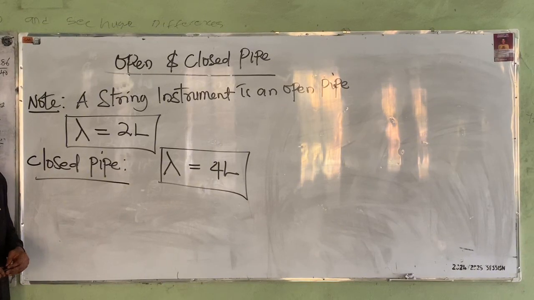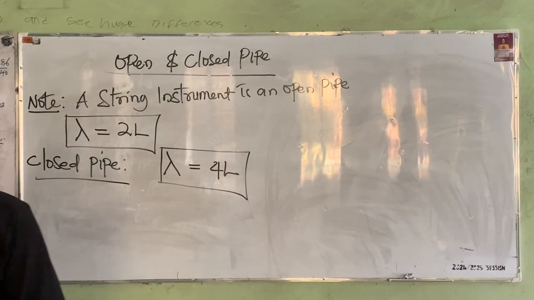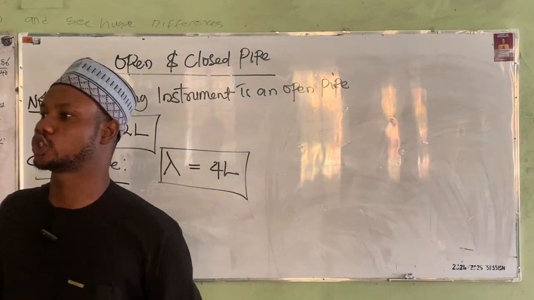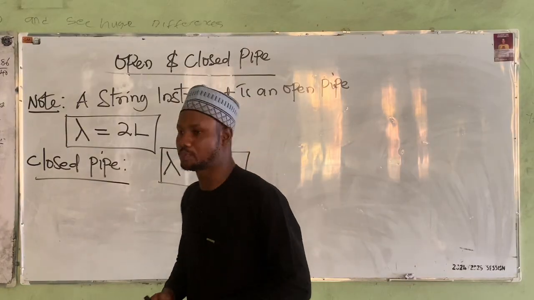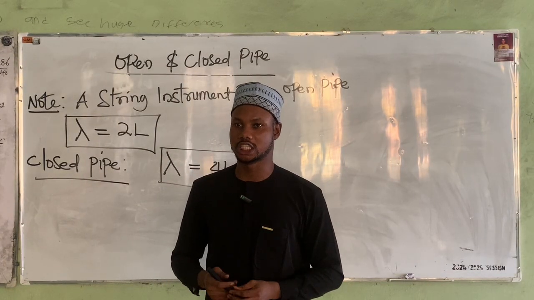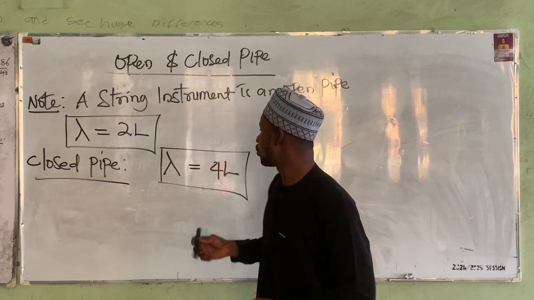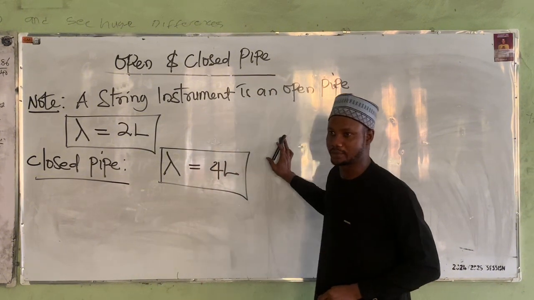But before we solve some questions here, class, let's take a note. Please write: note that an empty bottle is a closed pipe. So let me ask a question here. Why is an empty bottle a closed pipe?